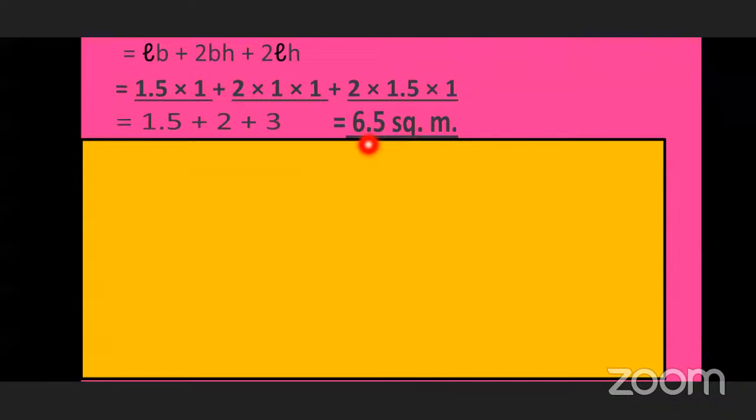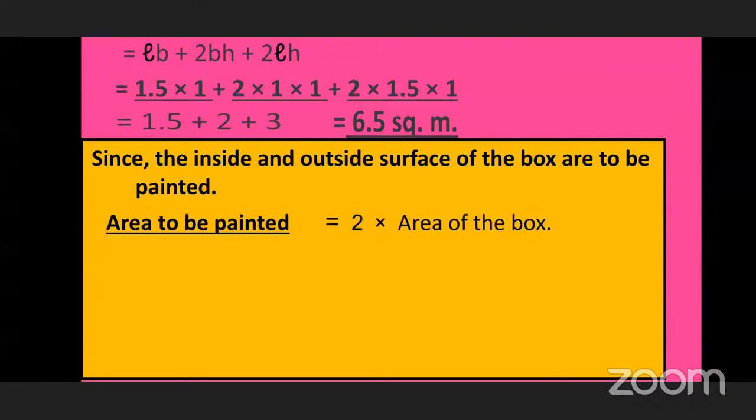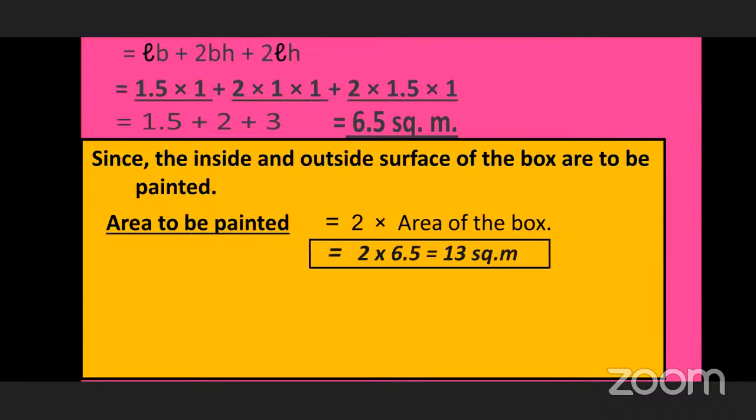But as we have to paint the box from inside also, from outside also, we have to take 2 times of this area. Since the inside and outside surface of the box are to be painted, area to be painted will be 2 times area of box. As we have to paint from inside also and outside also, so area to be painted is 2 times area of the box.